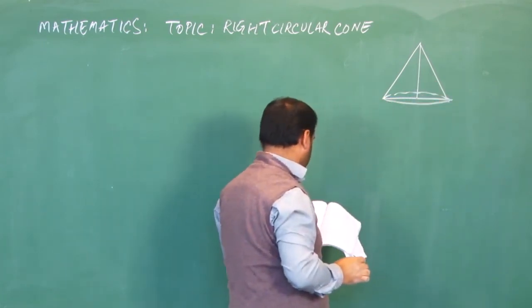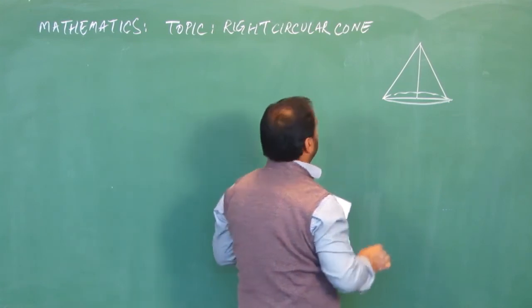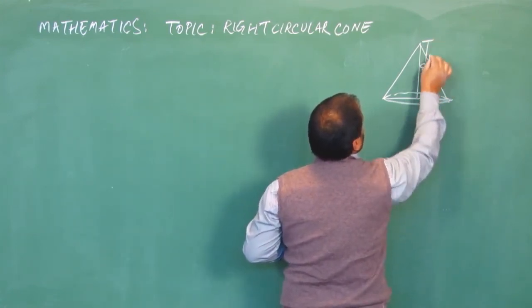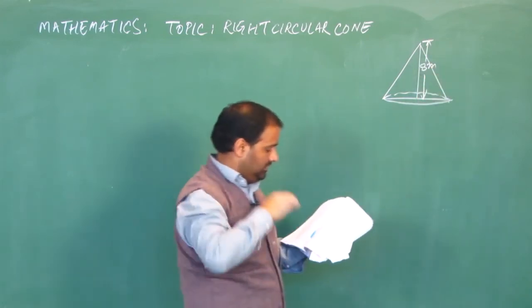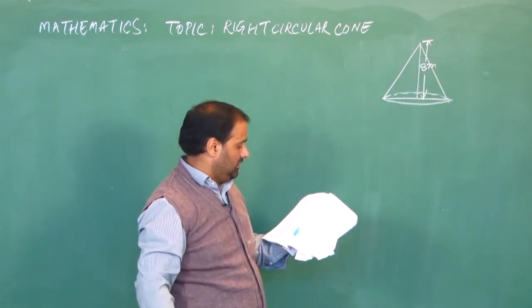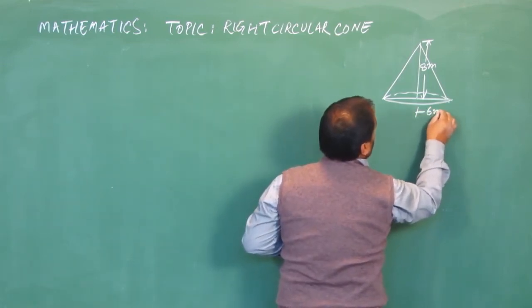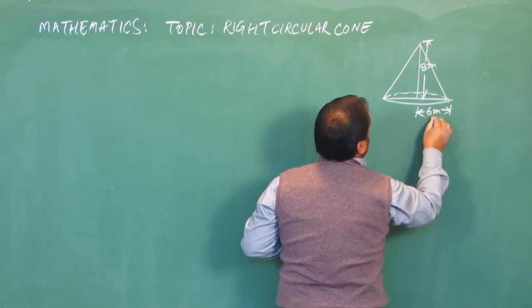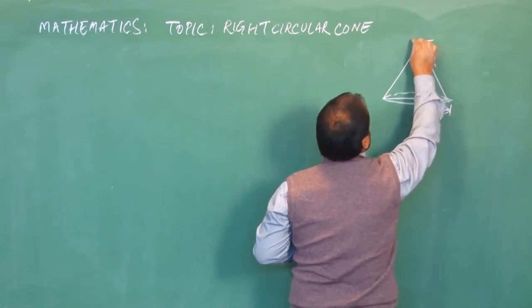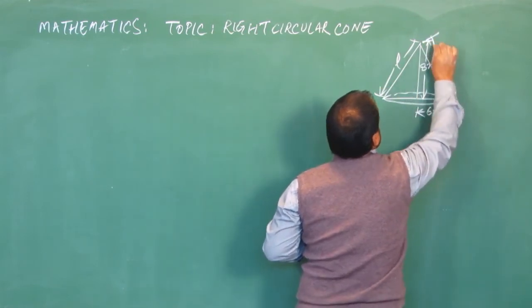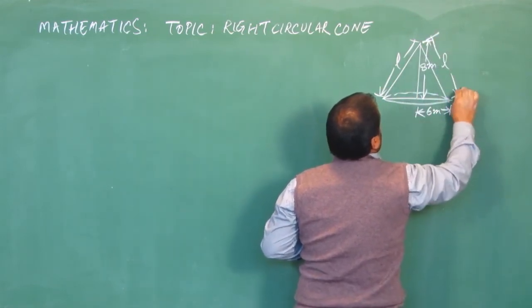Now, what is given? The conical tent has height 8 meters. This is height. And the base radius is 6 meters. Now, what is missing? It's the slant height, the sloping line.